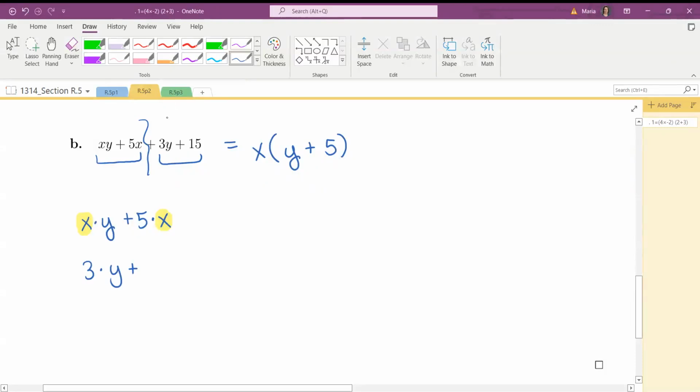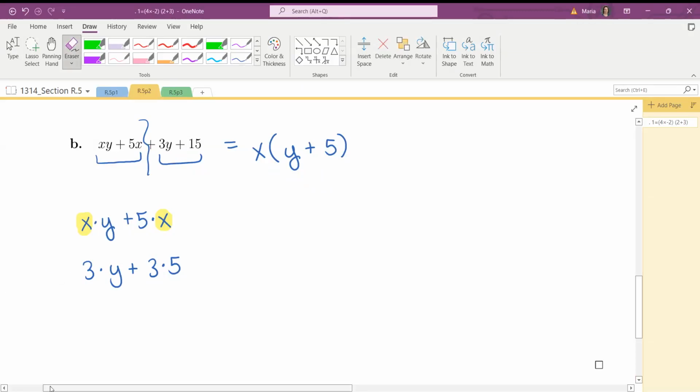So you're going to have to factor out only a number. You won't be able to factor out a y. Both 3 and 15 are divisible by 3. So if I rewrite 15, that's 3 times 5.